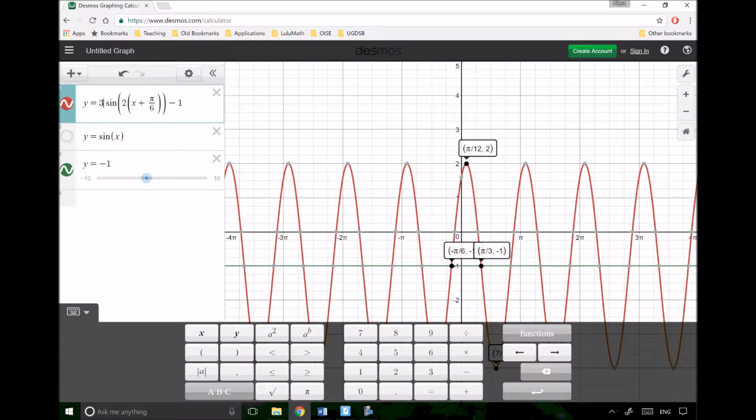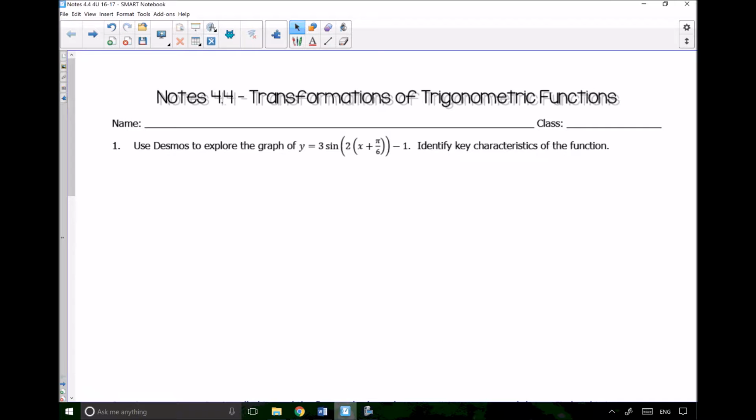So this 3 value that we have in our equation is going to tell us how high it's going, or in other words, our amplitude. So let's go ahead and write that information down. So we know that we have an amplitude equal to 3, which is essentially just our a value right here. Okay?